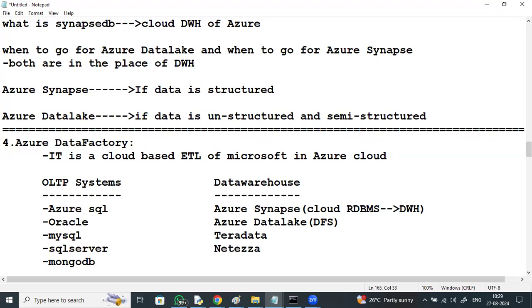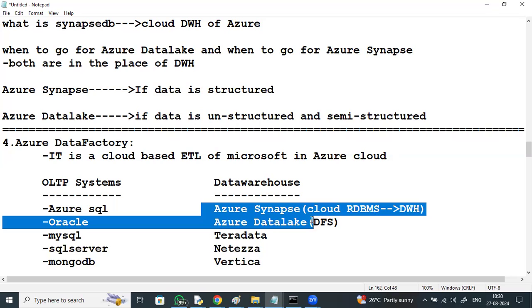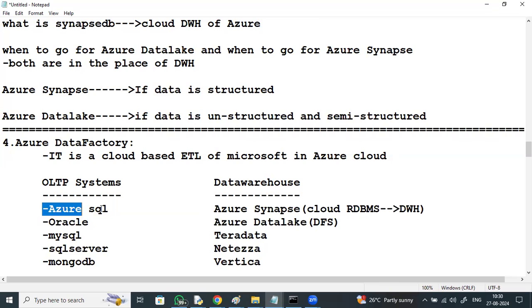In this way, whatever it is. For example, I'm talking about these cloud ones: Azure SQL is one, Azure Synapse, Azure Data Lake.